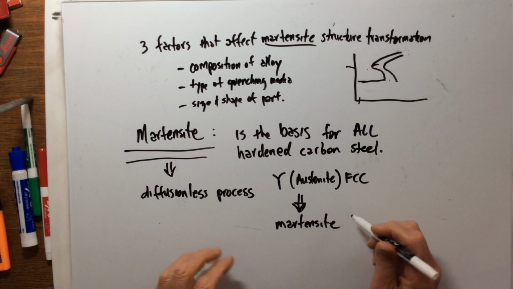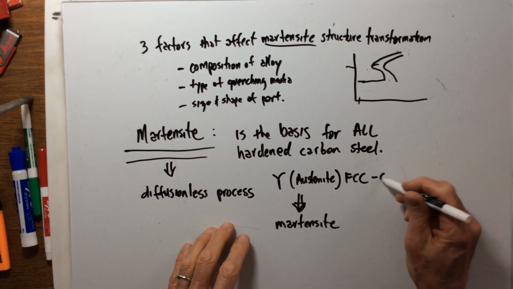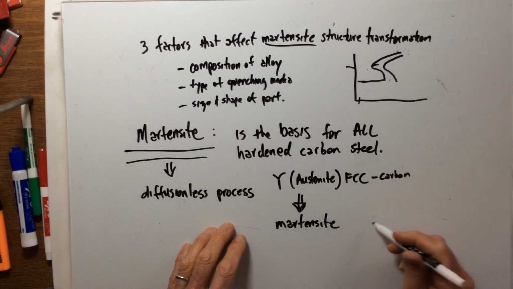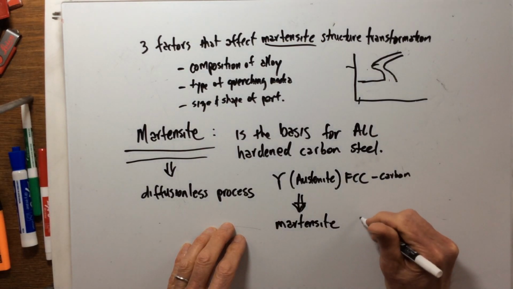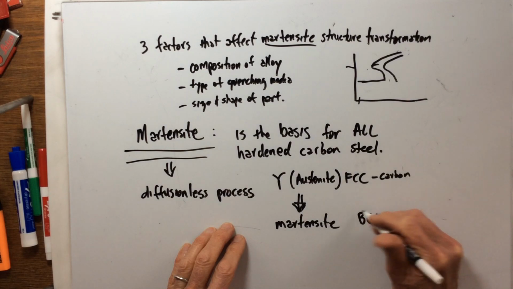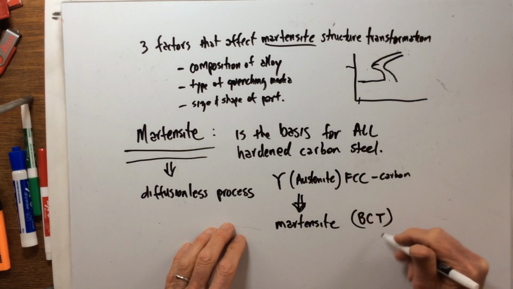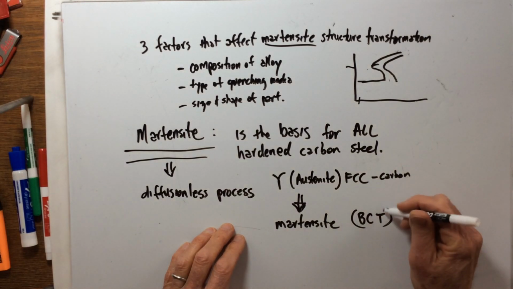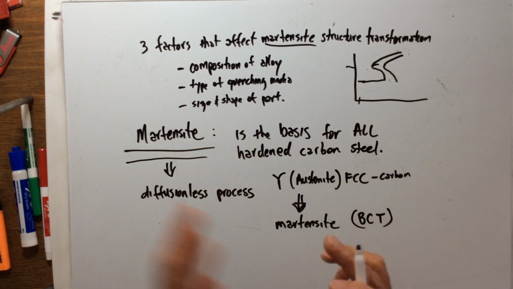And so therefore, in order to retain all of the carbon that's in the austenitic structure in that FCC, it transforms into a body-centered tetragonal crystalline structure. But it maintains that carbon. So it really shears, and I could draw you a picture of how that works.